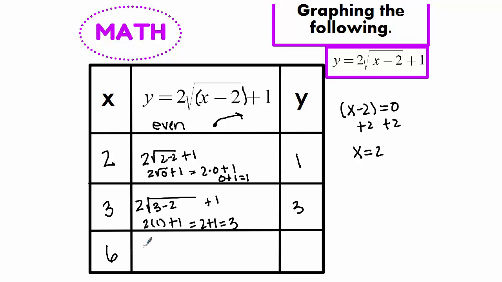This last one here, I'm going to plug in 6, so it's going to be 2 rad 6 minus 2 plus 1, 2 times rad 4, square root of 4 is 2, plus 1, 2 times 2 is 4, 4 plus 1 is 5. So I'm going to go and plot these points, 2, 1, 3, 3, 6, 5.